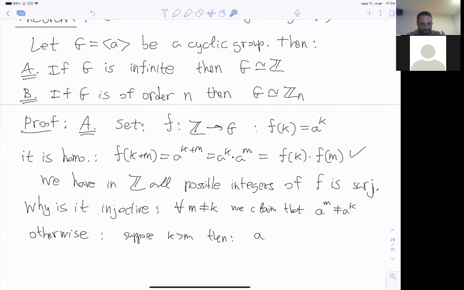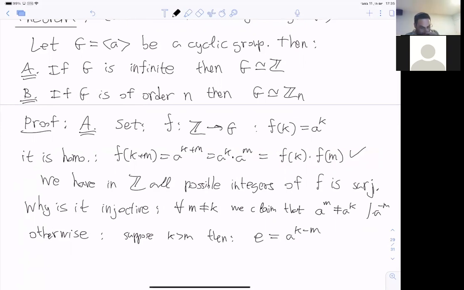Everything is invertible, so we can multiply both sides by a^(-m). So here you get e, which is equal to a^(k-m).